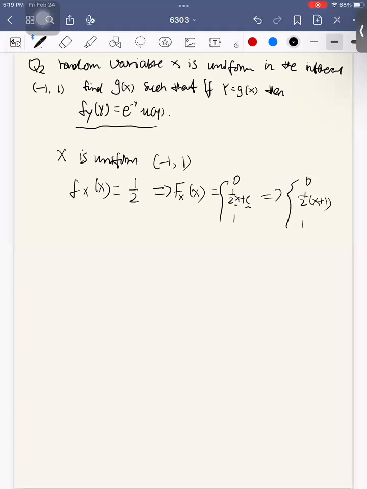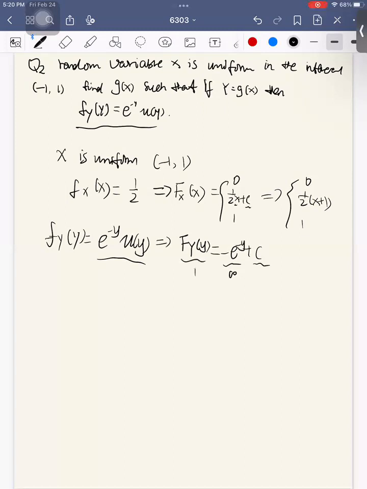And now, since we already know the f_Y looks like this, we can say the capital F_Y looks like this by taking the integral of this thing. And also we need to find the constant c when this thing tends to infinity, this result needs to be 1.